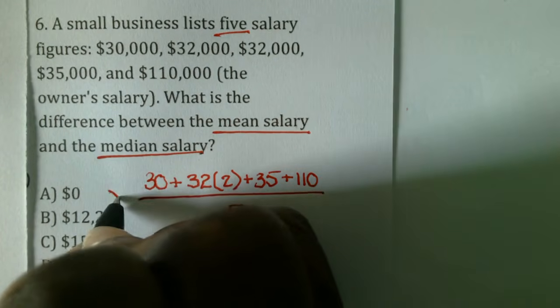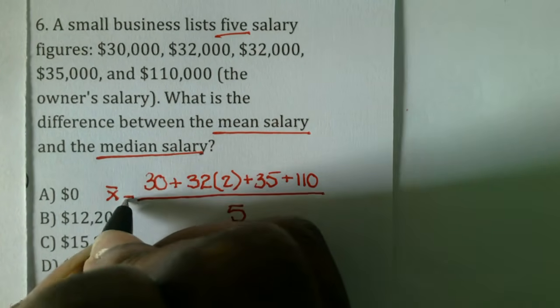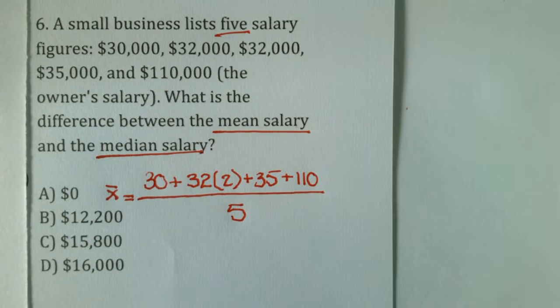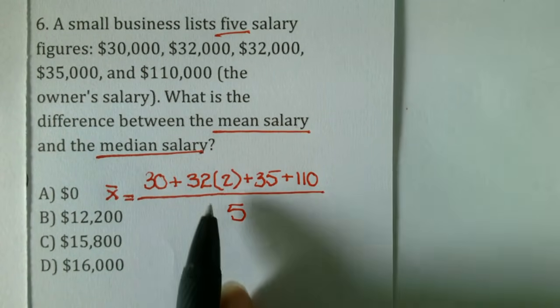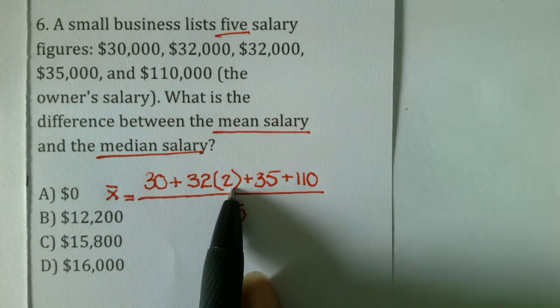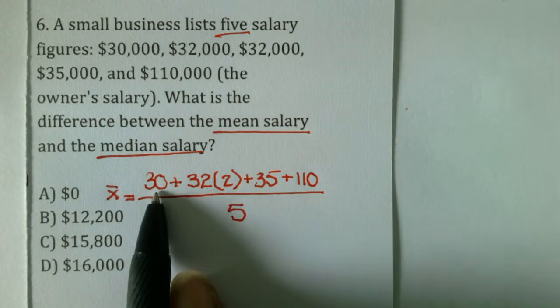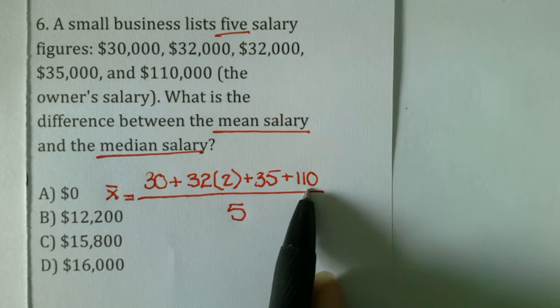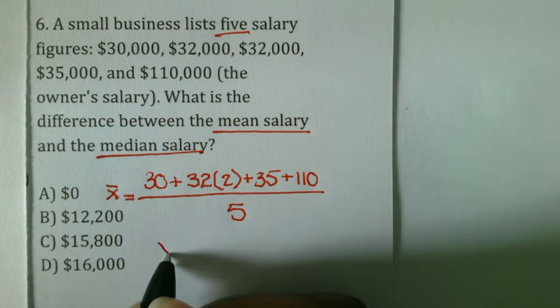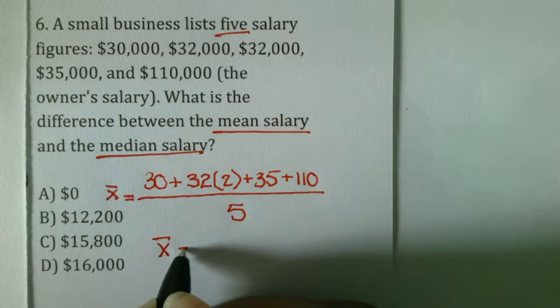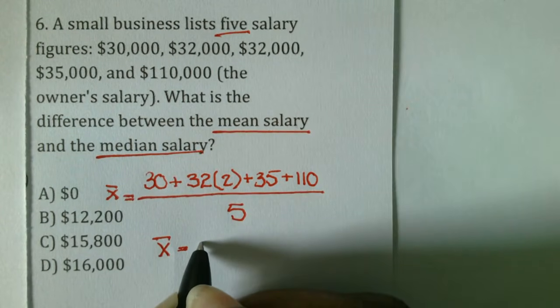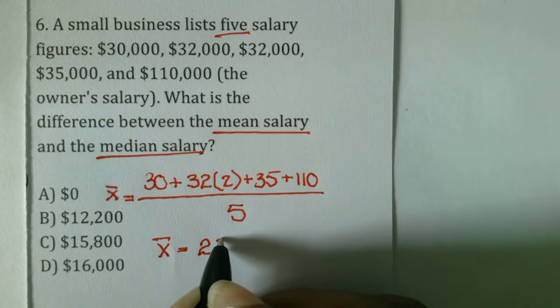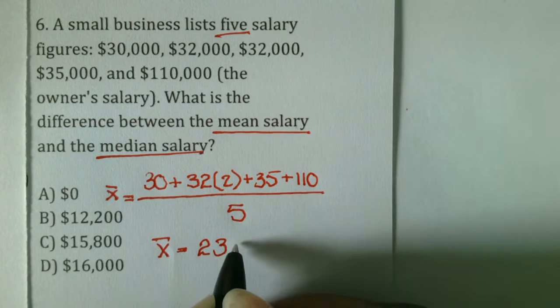So this is going to help me find my mean, my average. 32 times 2 gives you 64, and you have your 30 plus your 64 plus your 35 plus your 110. That means my sum, before I divide by 5, will be 239.